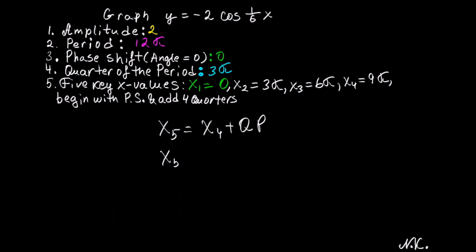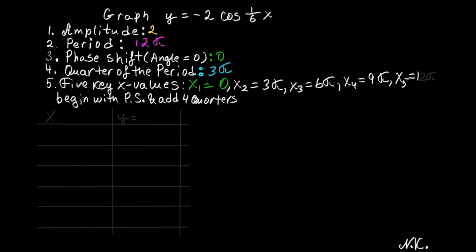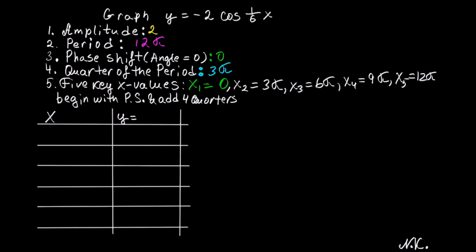So x5 is equal to x4, which was 9 pi, plus 3 pi, and we get x5 is equal to 9 plus 3, 12 pi. Now that we have our 5 key x values, let's start building a table. The first x was 0, then we had 3 pi, then 6 pi, then 9 pi, and the last point was 12 pi.